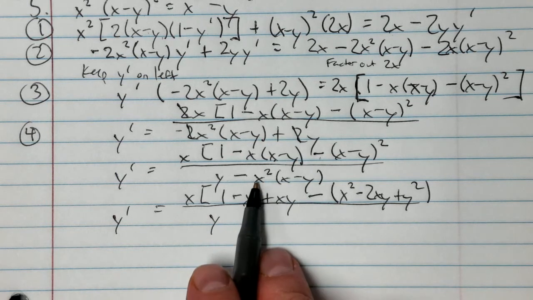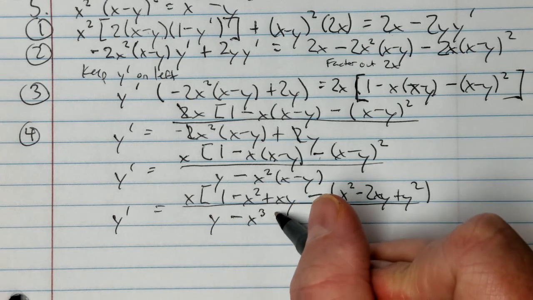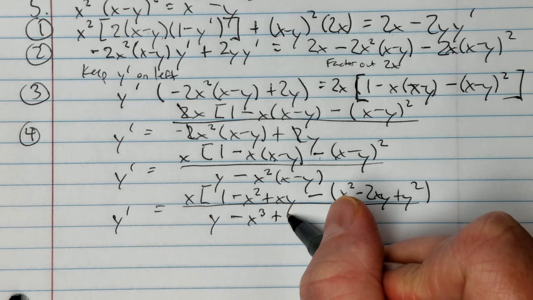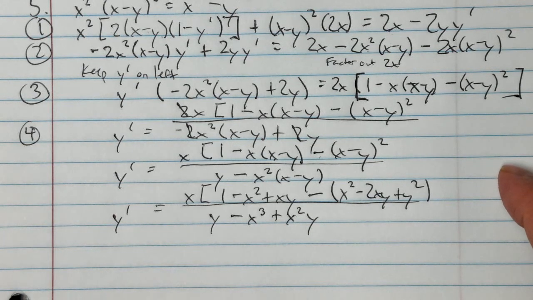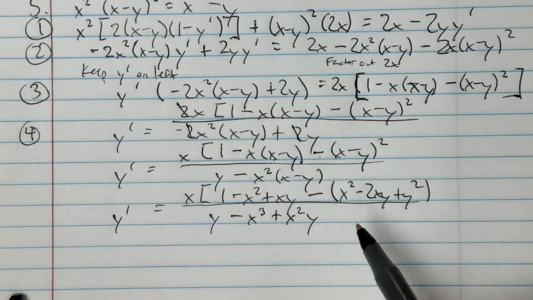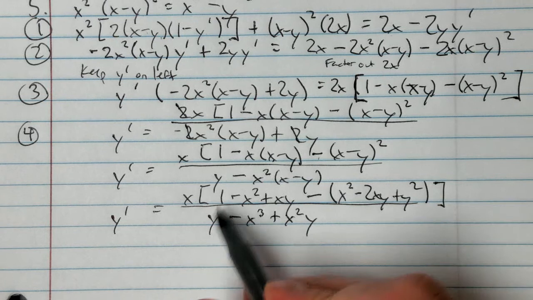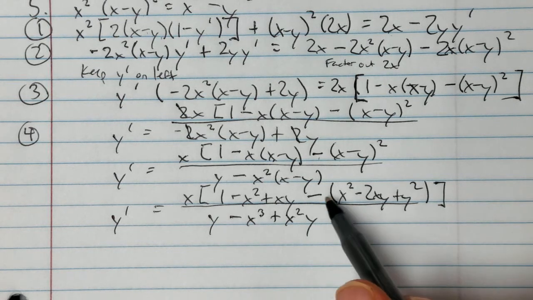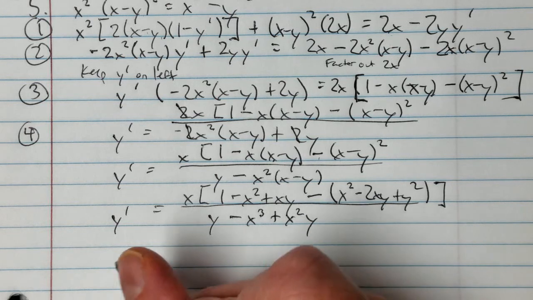And then let's distribute this, so we get minus x cubed plus x squared y. Now what we need to do is, well, we have a bracket to close from that. We've got to change some signs and cancel some things out and rearrange it.